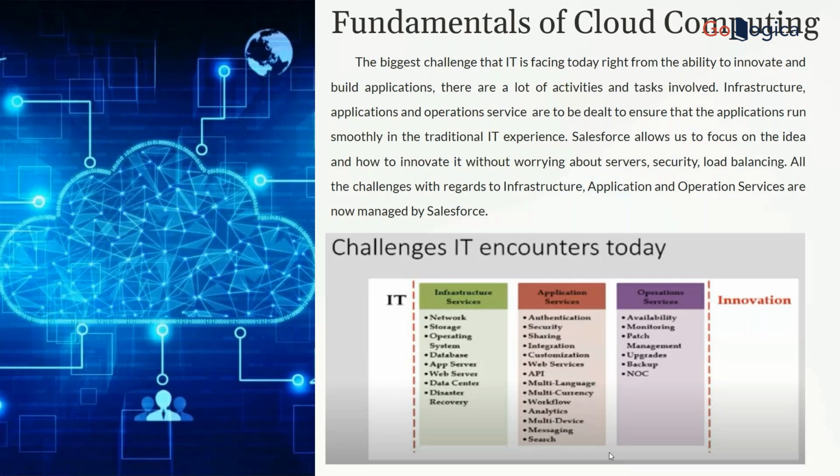Salesforce allows us to do our work in much less time without worrying about server security or load balancing. Everything is taken care of. So this is the fundamental of cloud computing, which helps us focus on our problem statement and find a solution for that, rather than fixing other issues or tasks which are not related to our work environment.